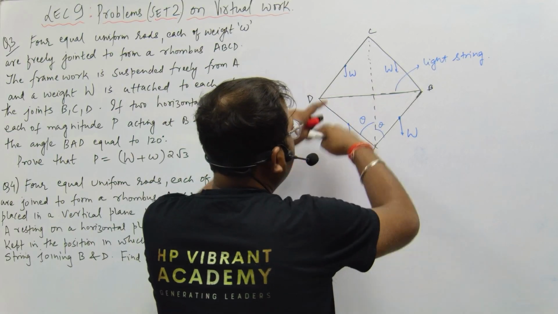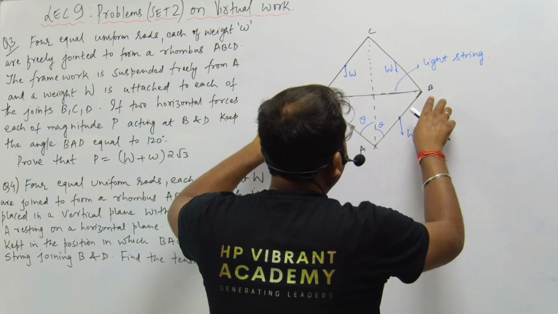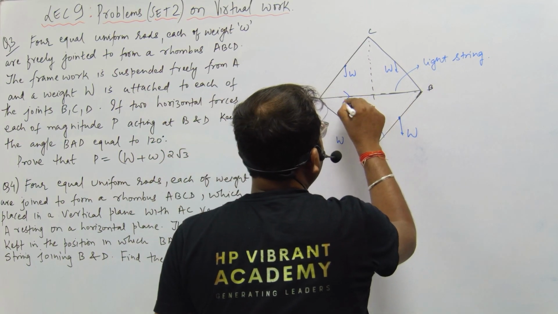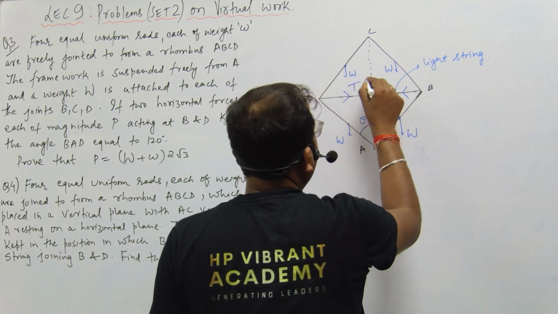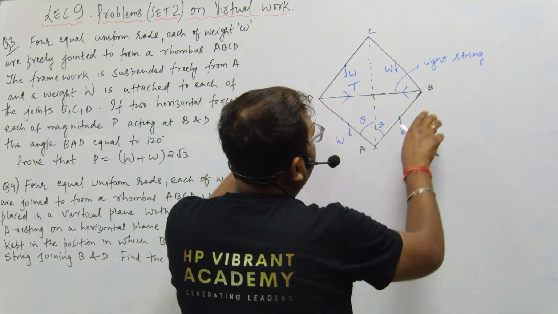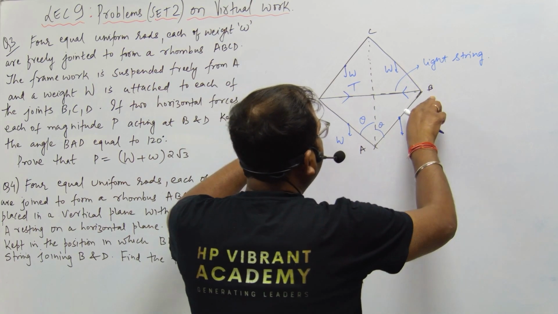Because of these weights, points B and D will try to move in outward direction. So a tension T is applied in the string so as to restrain the movement of B and D in outward direction.